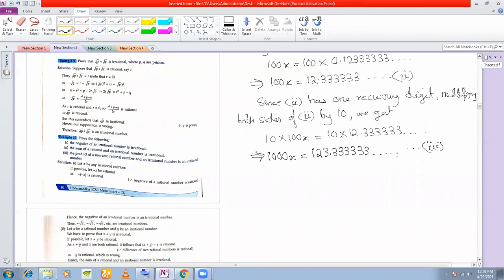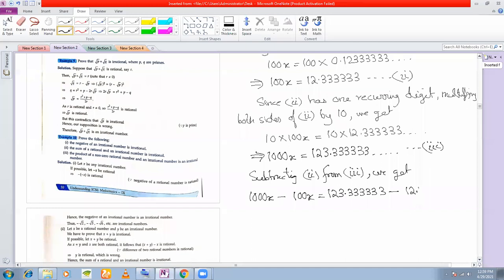Now what we do is, we subtract 2 from 3. We get 1000x minus 100x is equal to 123.3333 minus 12.333333 and so on.